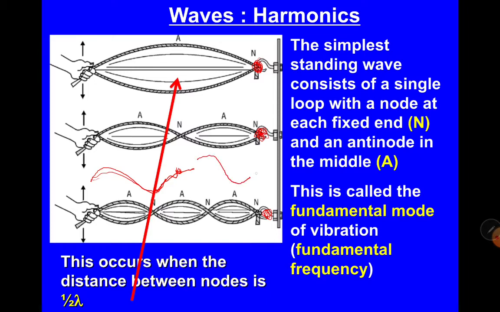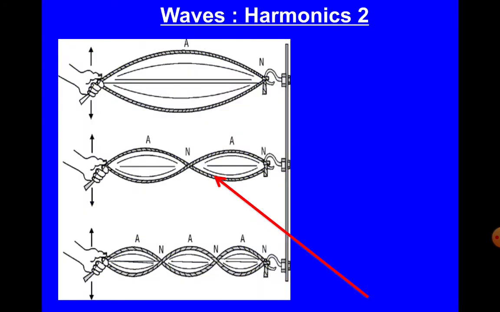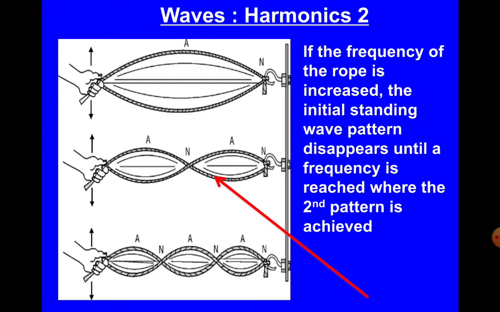This is one wave, starting from the middle and there. Okay, so this is half lambda, and that is for the fundamental. Okay, this is the second when you increase the frequency.